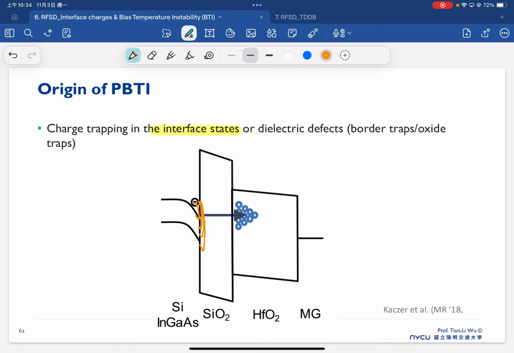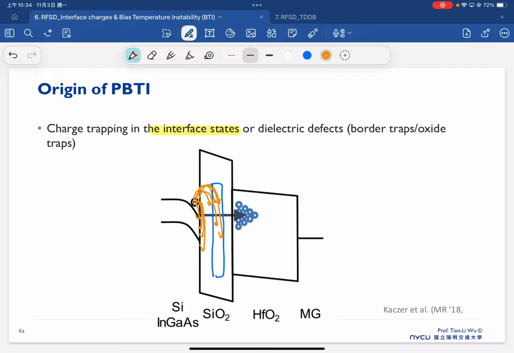But later we found out that because we scale down our dielectric, the equilibrium electric field is getting higher. With a high electric field, we can foresee that electrons can be injected inside the dielectric, into this region if we have dielectric defects.